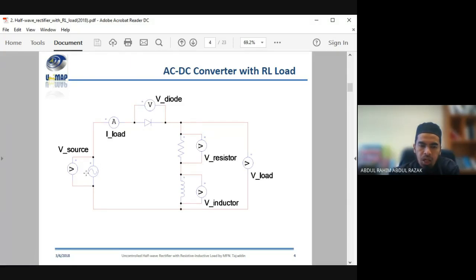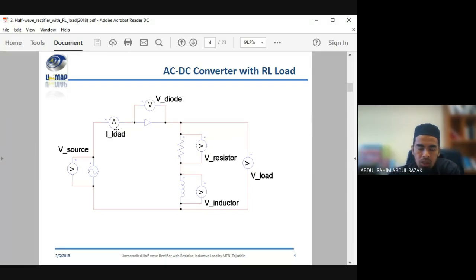Let's say you are probing your source, so in between the positive and negative terminal of your source. If you are probing your device, so from anode to cathode of your device, or probing the voltage response of your load, it is across the positive and negative terminals as well.